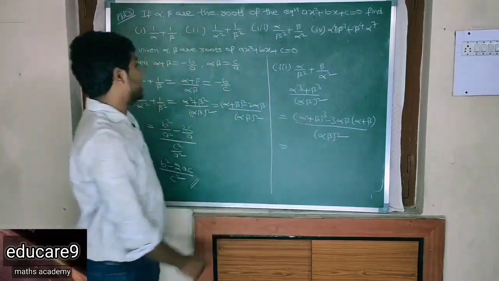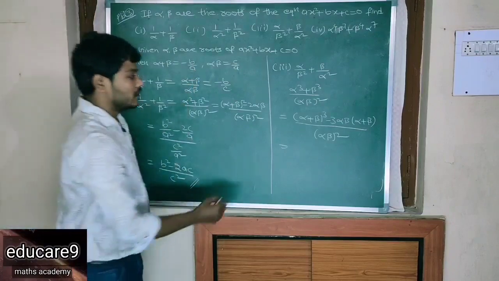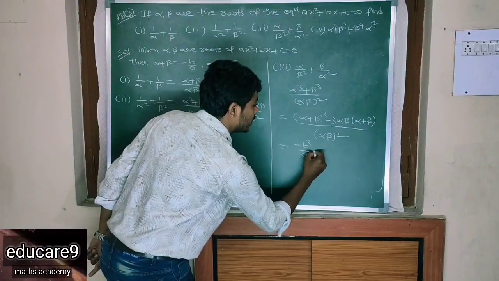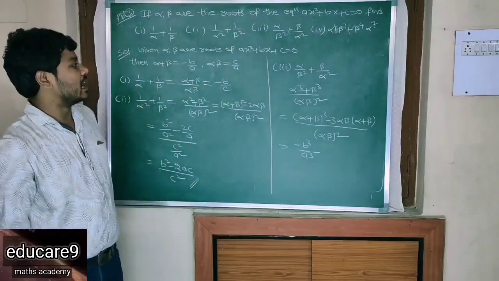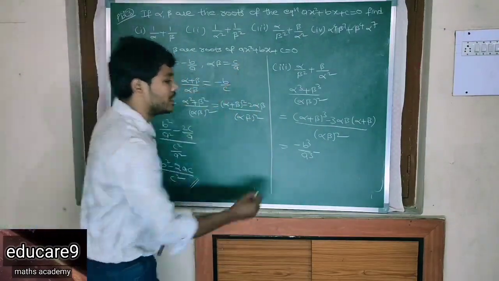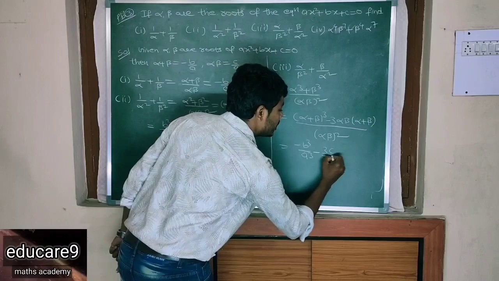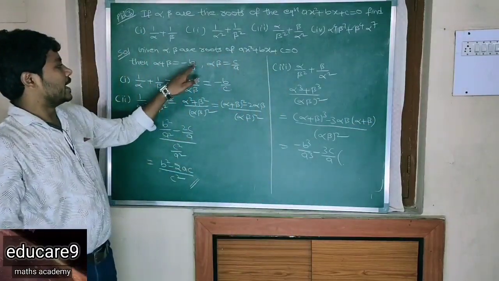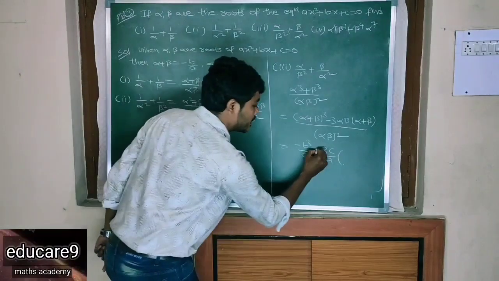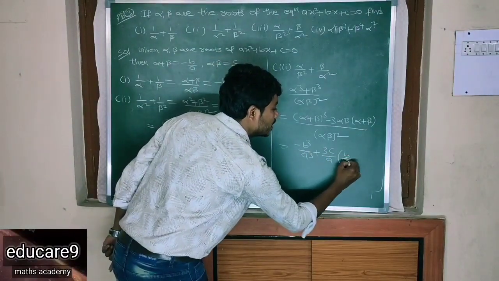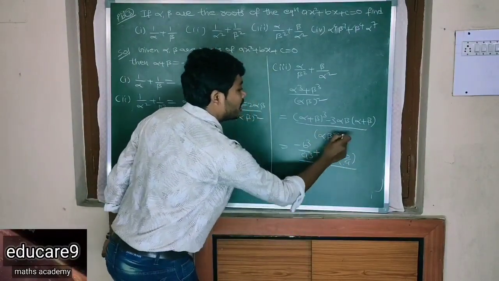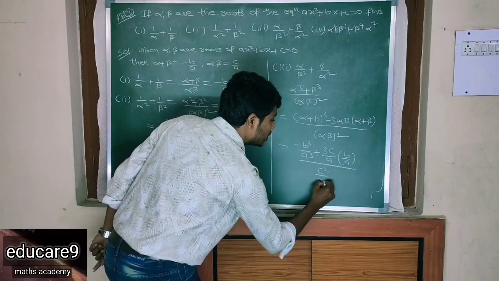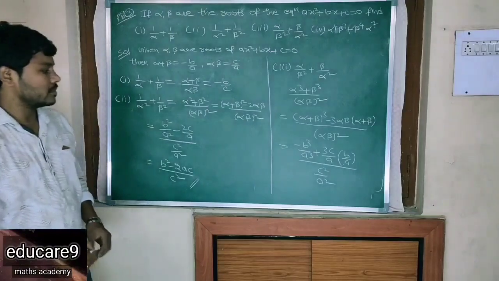So alpha plus beta is minus b by a, that is minus b cube by a cube, minus 3 alpha beta, that is 3c by a. Alpha plus beta value is minus b by a, so you get here plus b by a. And alpha beta whole square is c square by a square.